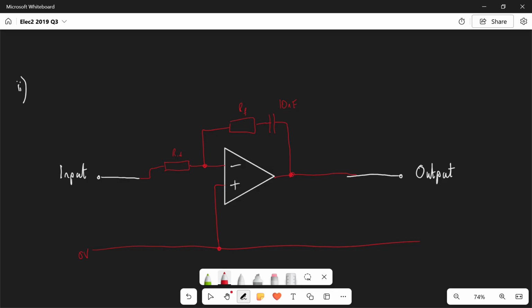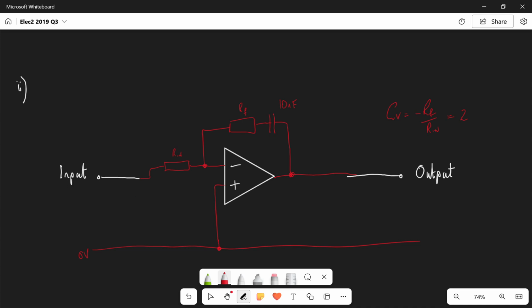Well, because we've got a gain of 2, hopefully you can remember that gain is equal to minus RF over Rin. So the ratio between RF and Rin has to be equal to 2.